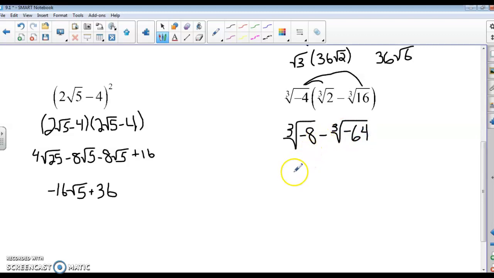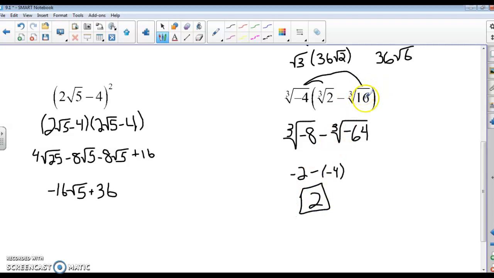So the cube root of negative 8 is negative 2, minus cube root of negative 64, which is negative 4. So that would be negative 2 plus 4, which is 2. So our final answer is 2.